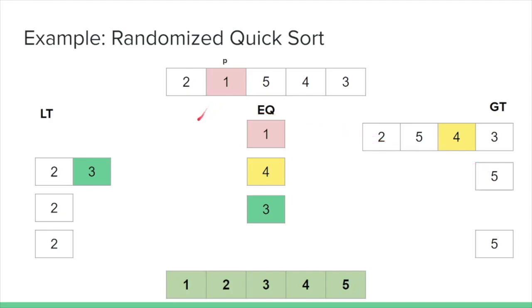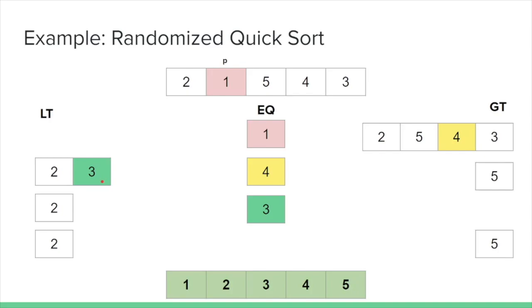So since we're doing it recursively, it'll put together the less than list, equal list, and greater than list together. But we're doing it recursively, so we're going to do this less than list recursively first to get it sorted. So we're going to go through this set of numbers first. So the less than list here will only have 2 and 3.